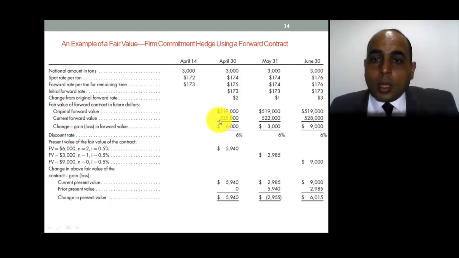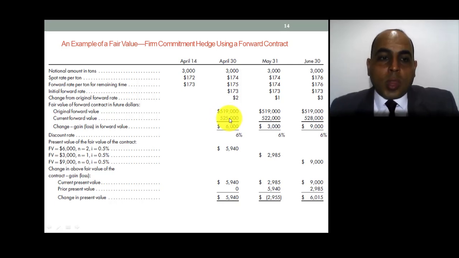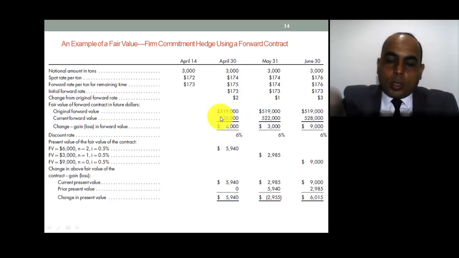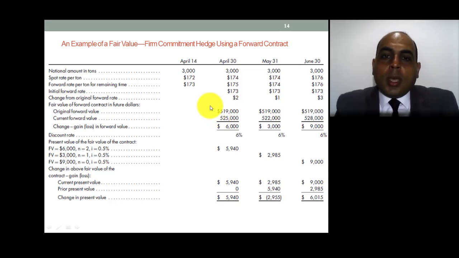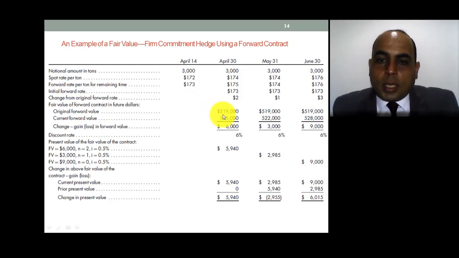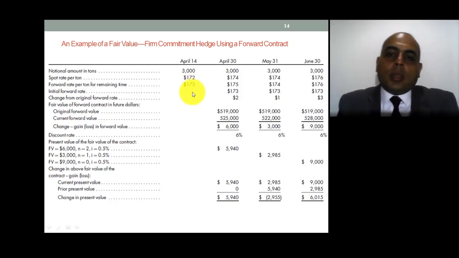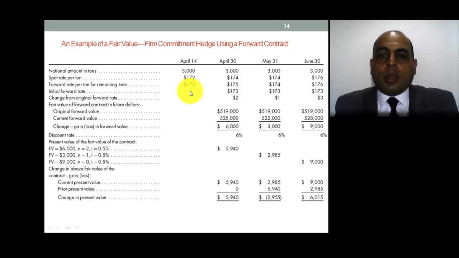How did we calculate it? 175 multiplied by the quantity, 3,000 tons. Here we are talking about the value of the current forward, equal to 525, but the forward that we agreed to enter is 519. How did we calculate it? The forward rate that we entered into is 173 multiplied by 3,000 tons.